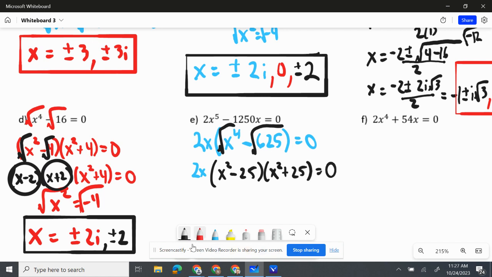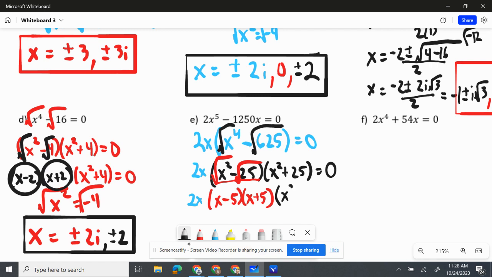I can factor the first binomial some more. So that gives me x minus 5 and x plus 5, because I can take the square root of both of those terms, so it's a difference of squares.